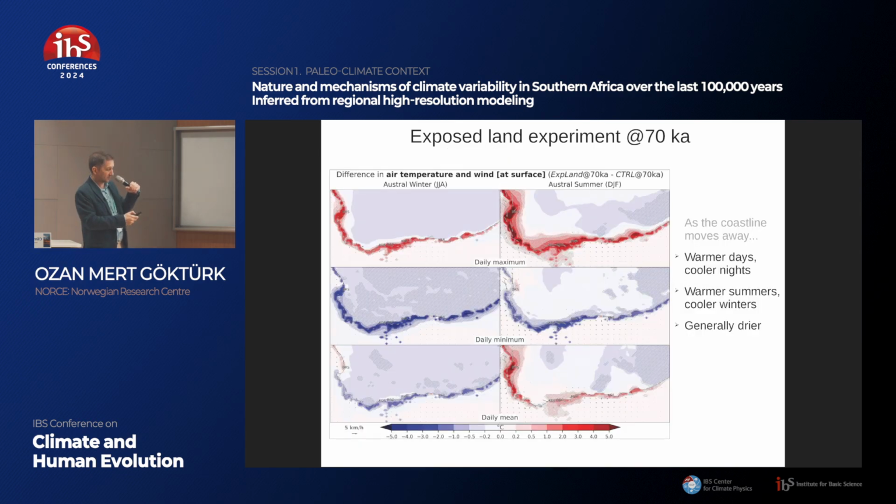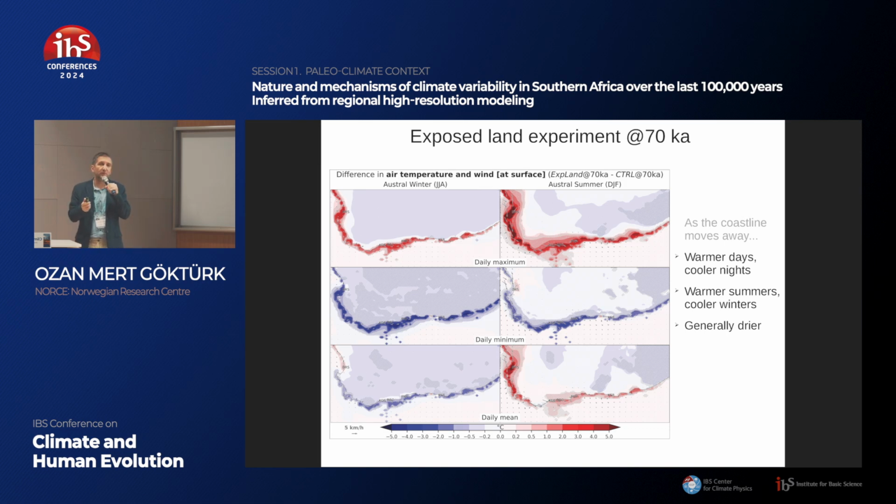As you see in these results, this is not, of course, completely unexpected, but it's still good to see it in the results and have a robust conclusion. So daily maximums were higher if the coastline moved to the south, because the climate was much more continental when this happened.